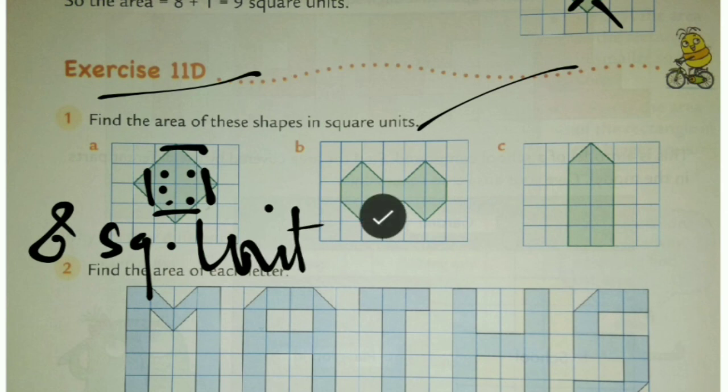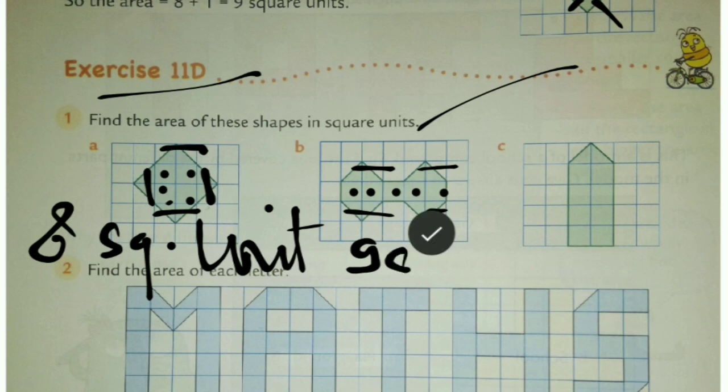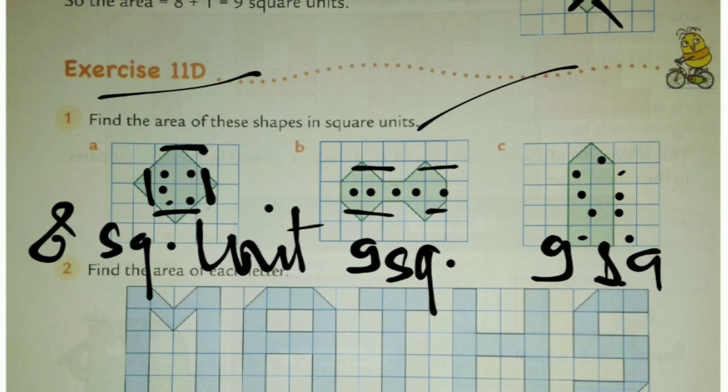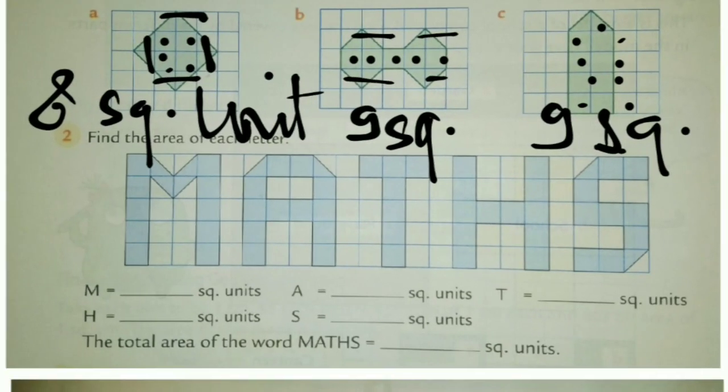Okay. Next. In this one, 1, 2, 3, 4, 5, 6, 7, 8, 9. So here we can write 9 square unit. In this one, 1, 2, 3, 4, 5, 6, 7, 8, 9. So 9 square unit. Okay, like this we have to find.